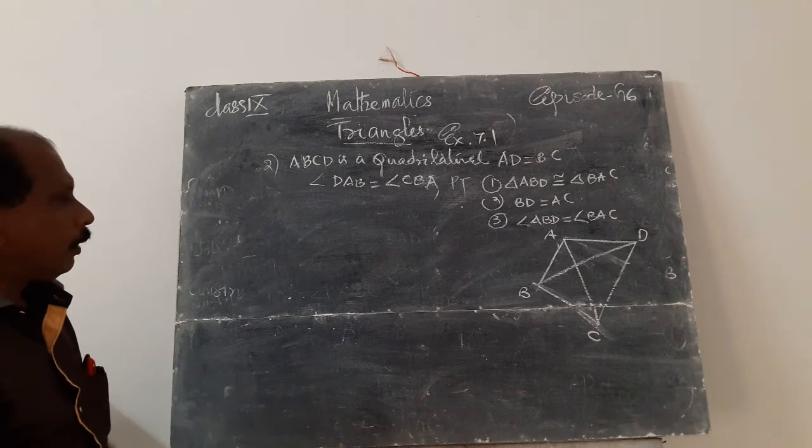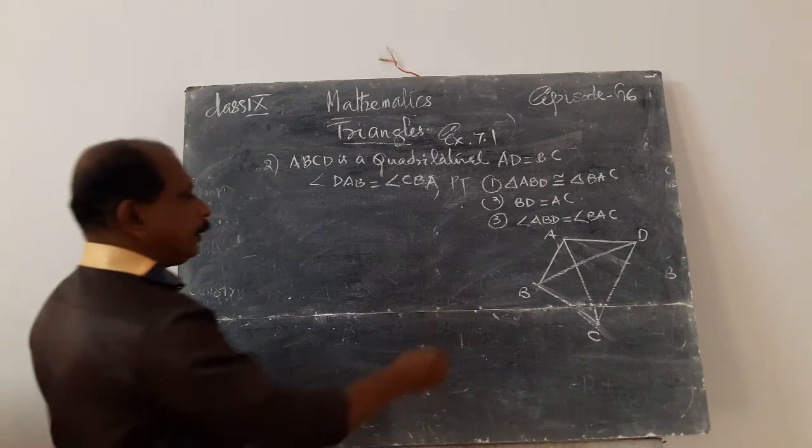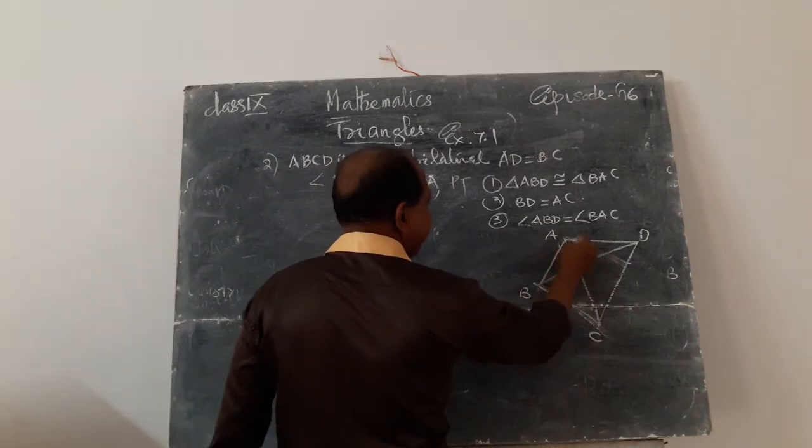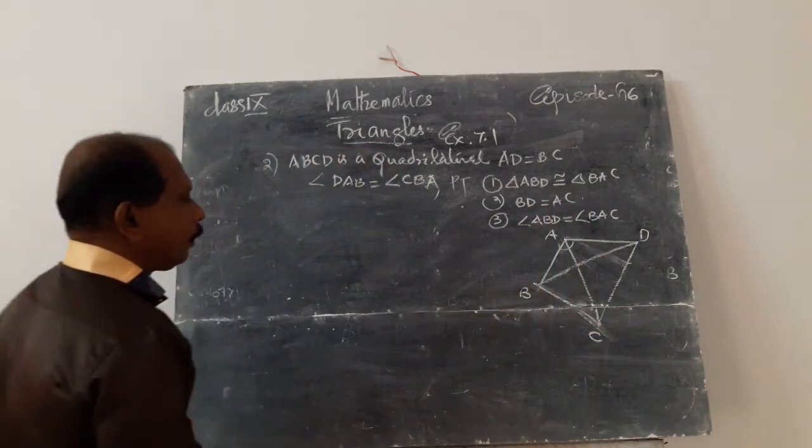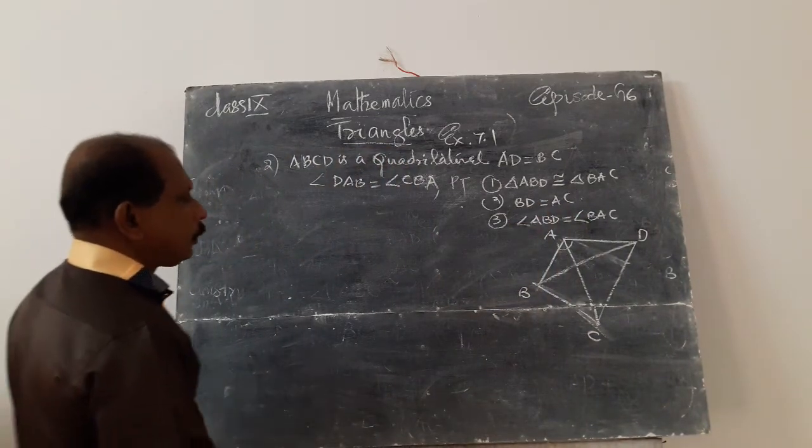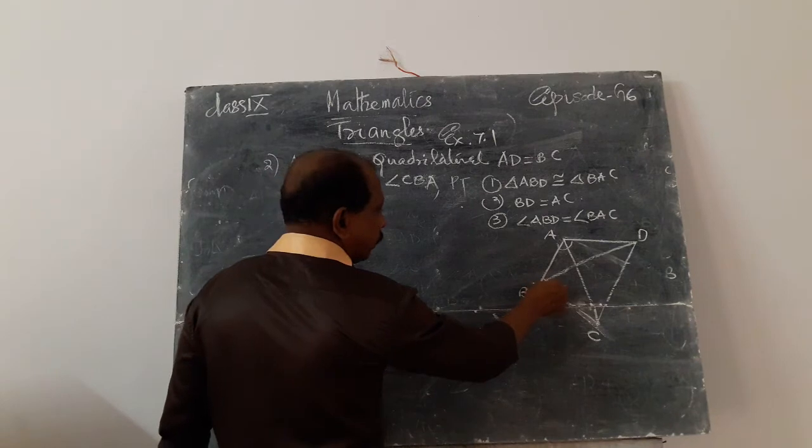Listen, DAB, this side, is equal to CBA, this side.